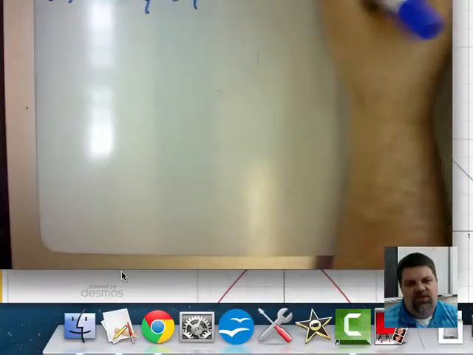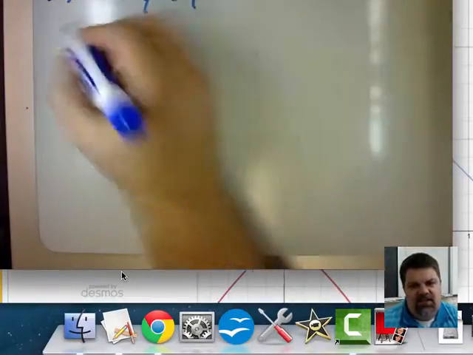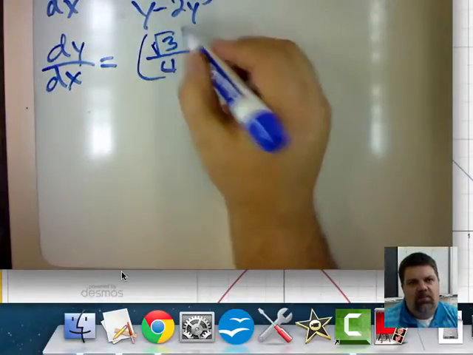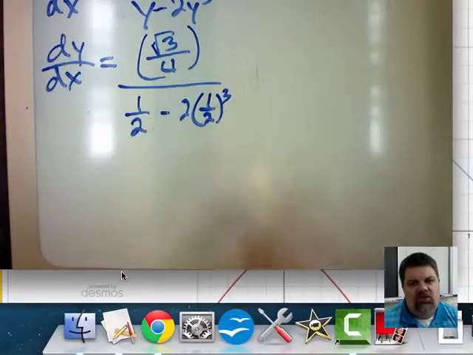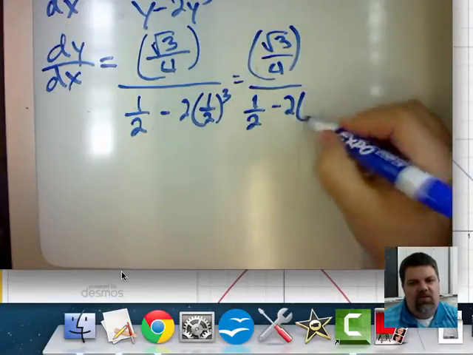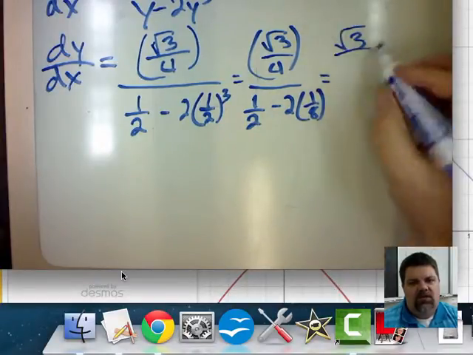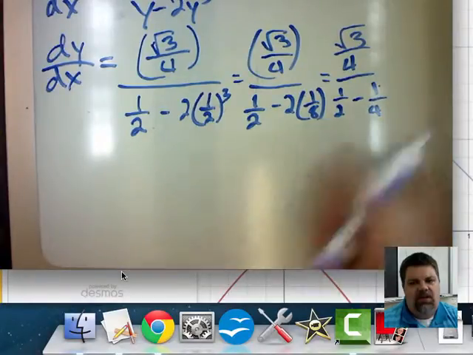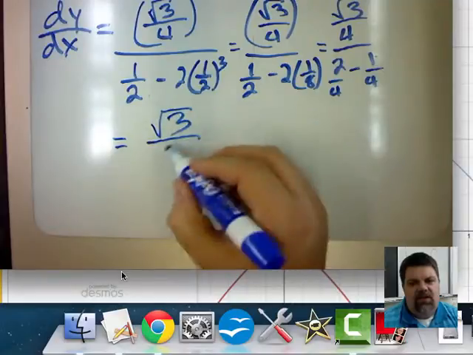We're going to use the same dy dx, and it's a little bit off the screen, so I'll write it out again: x over y minus 2y cubed. So when I plug in √3 over 4 for x and 1/2 for y, I get √3 over 4. 1/2 cubed is 1/8, and that 1/8 times 2 reduces down to 1/4.